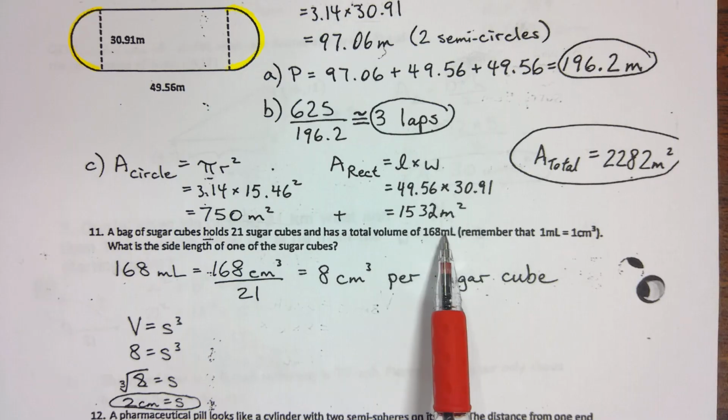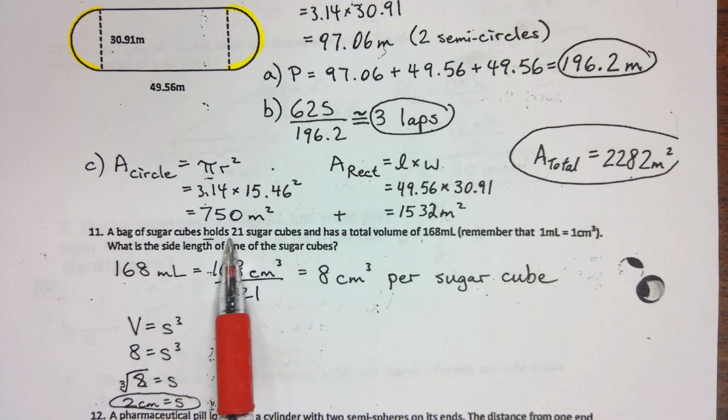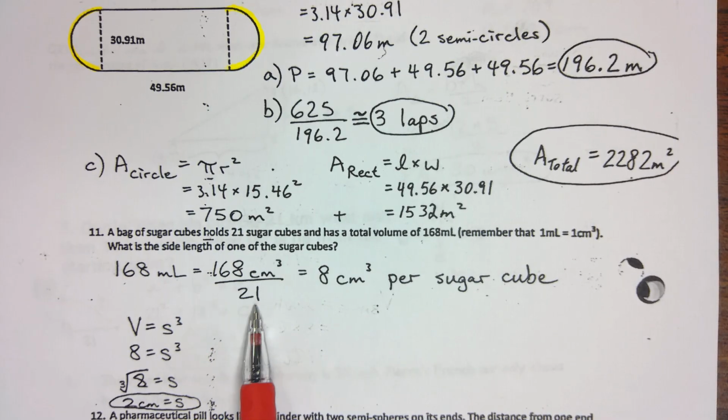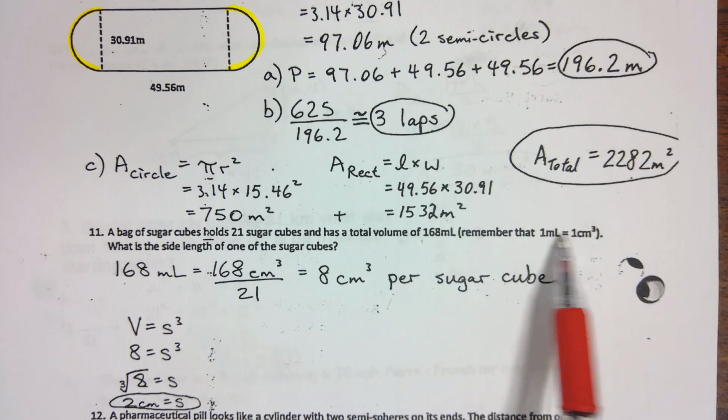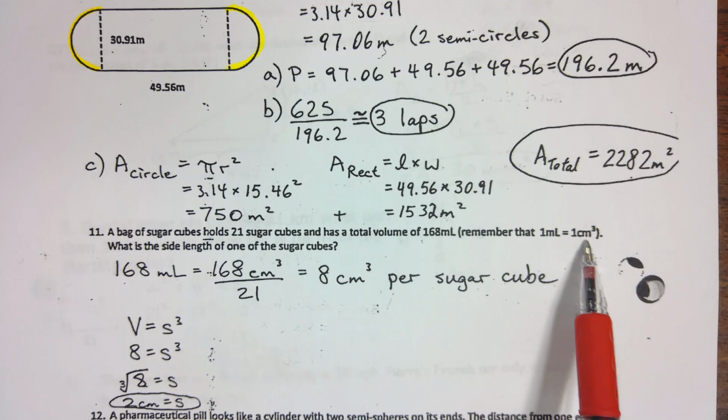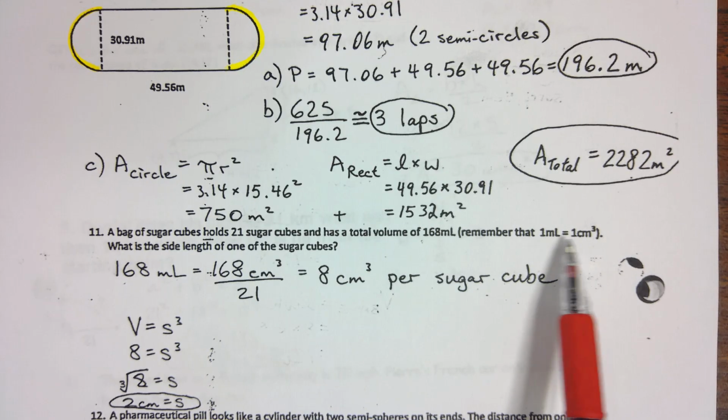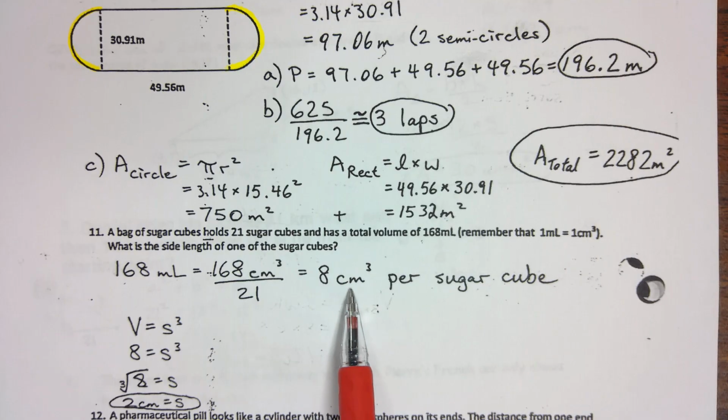The total volume is 168 and it holds 21. When I divide it, that means each sugar cube is 8 milliliters. It tells you the conversion right here. 1 milliliter is actually 1 centimeter cubed, so 1 to 1. So that means 1 sugar cube is 8 centimeters cubed.